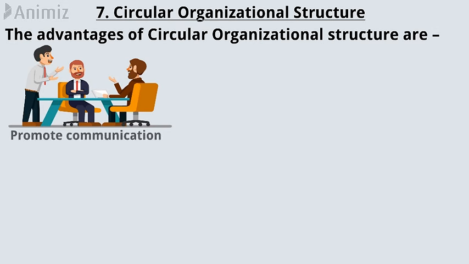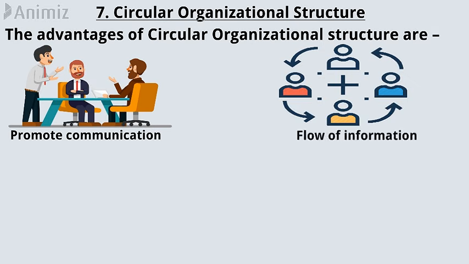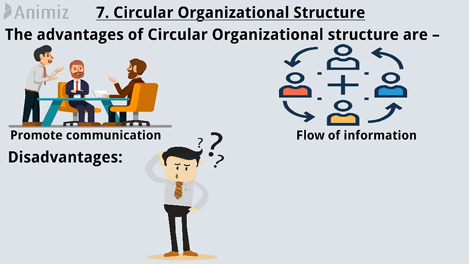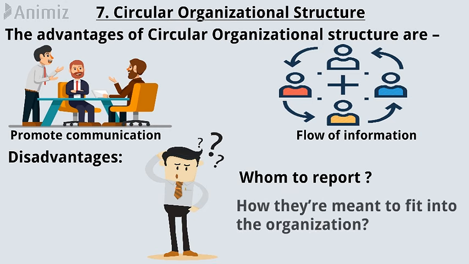The advantage of the circular organizational structure is that it is meant to promote communication and free flow of information between different parts of the organization. Circular organizational structure also has a disadvantage: unlike a hierarchical structure, a circular structure makes it difficult to find out whom to report to, and how people are meant to fit into the organization.